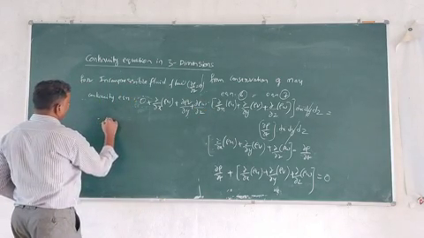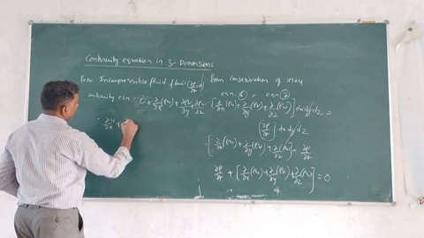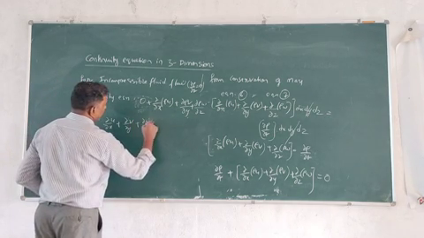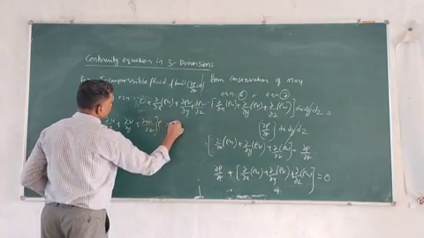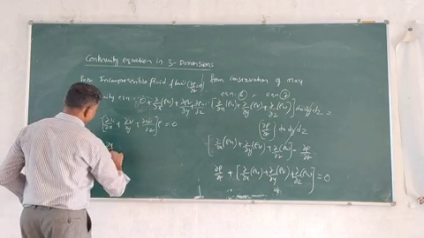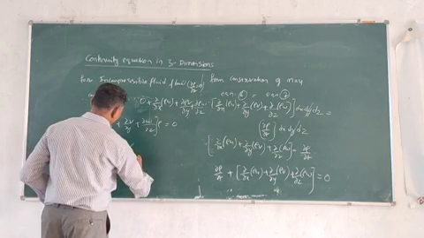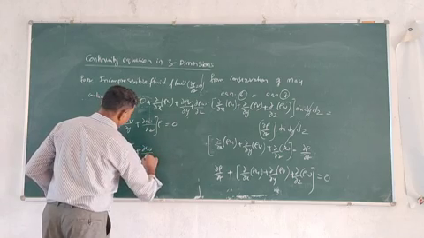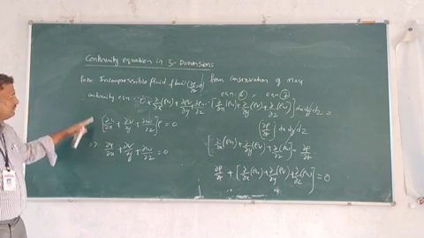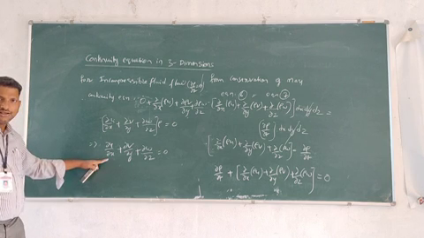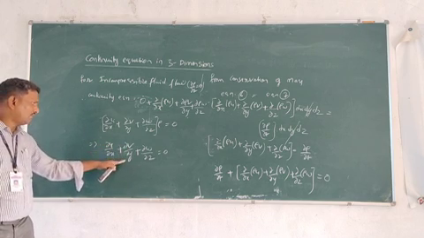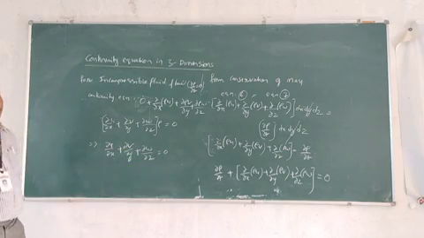We can write it as (∂u/∂x plus ∂v/∂y plus ∂w/∂z) into ρ is equal to 0. Similarly, ∂u/∂x plus ∂v/∂y plus ∂w/∂z is equal to 0. For incompressible fluid flow in 3 dimensions, the continuity equation is ∂u/∂x plus ∂v/∂y plus ∂w/∂z is equal to 0.